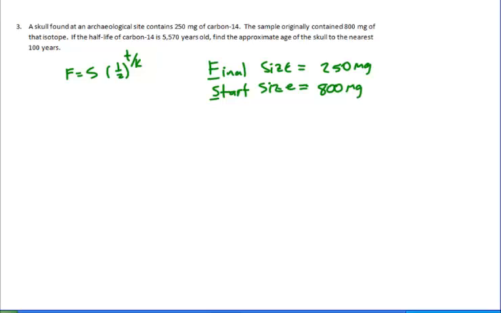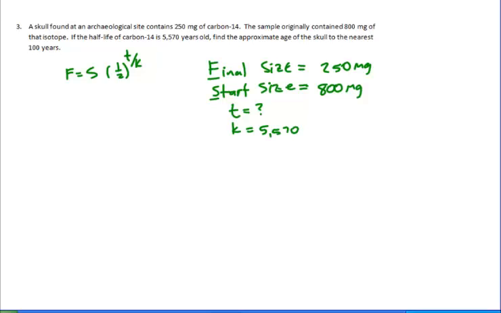Then the time is what we don't know, and the K is the constant of decay. With carbon-14, it's used a lot for dating samples because it's so accurate. And the half-life of carbon-14 is 5,570.